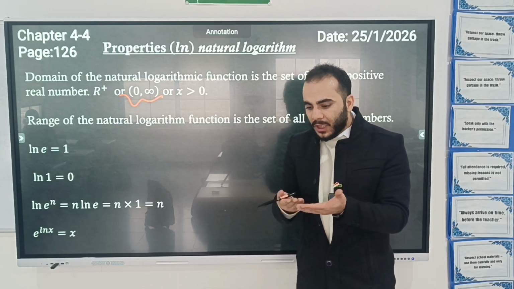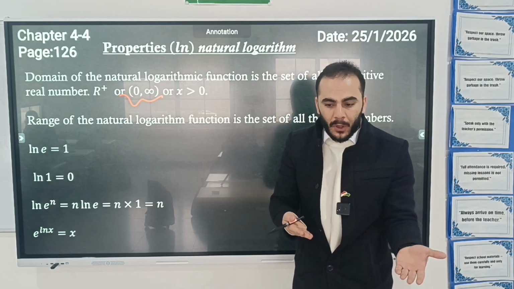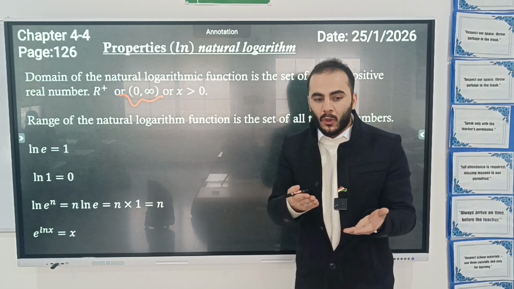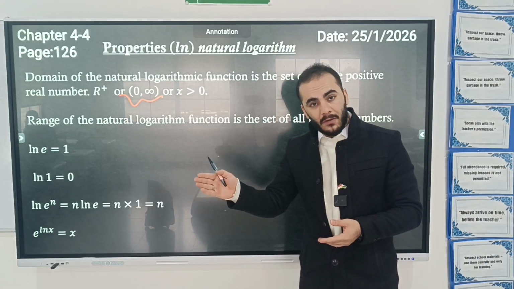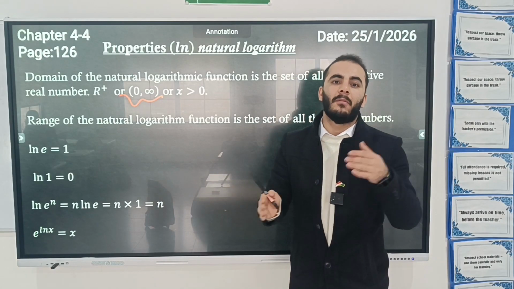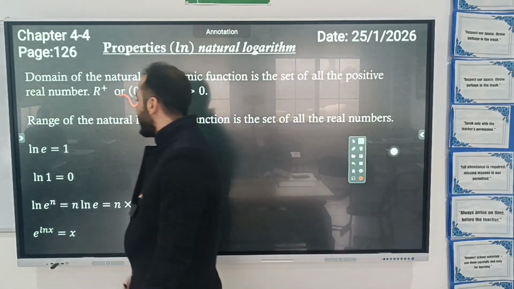Try to differentiate between these two. The domain of the exponential is all the real numbers; the range of the natural logarithmic function is all the real numbers. Domain of the exponential function, range of the logarithmic function. Be careful.